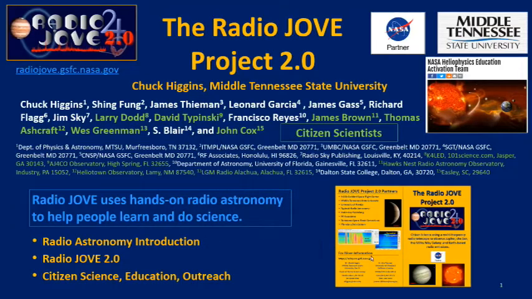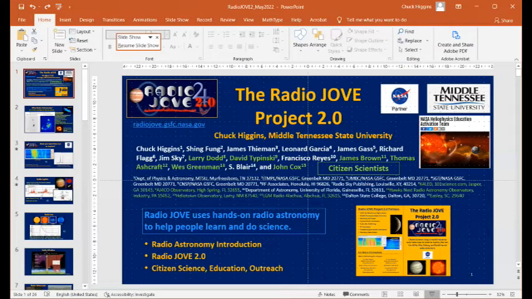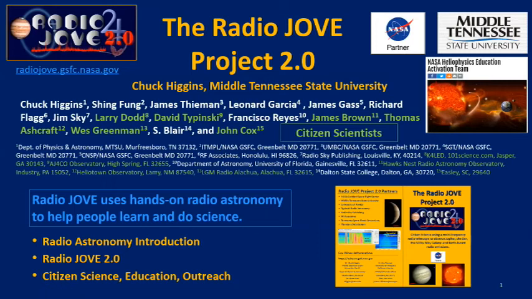We're partnered with NASA and part of the heliophysics education activation team, so this group called NASA HEAT. My collaborators are listed here on this first slide, and as you see, several of them are citizen scientists.